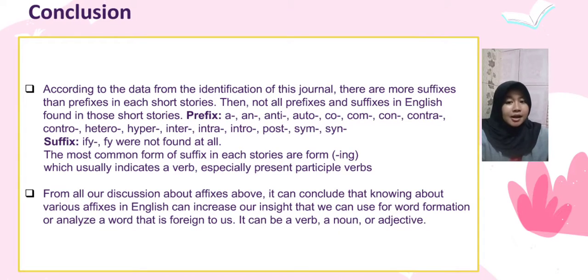Prefixes like an, anti, auto, co, com, con, contra, hetero, hyper, inter, post, and sim, and suffixes like ive and ry were not found at all. And then the most common form of suffix in each story is ing, which usually indicates a verb, especially present participle verbs.